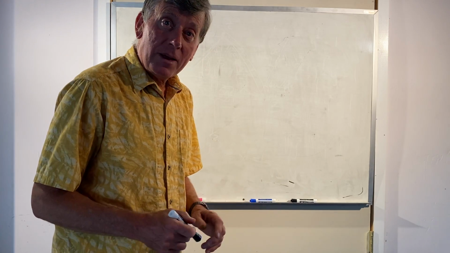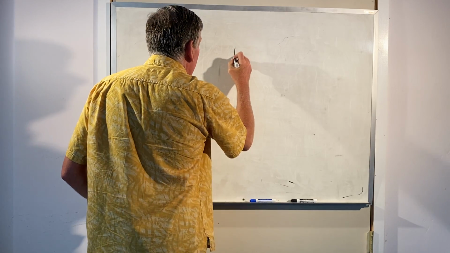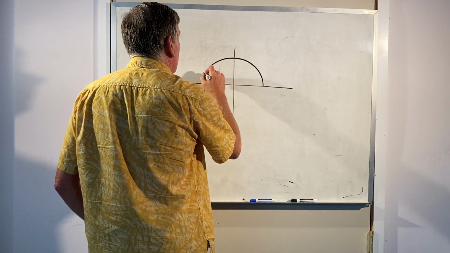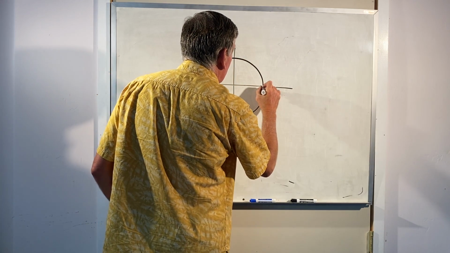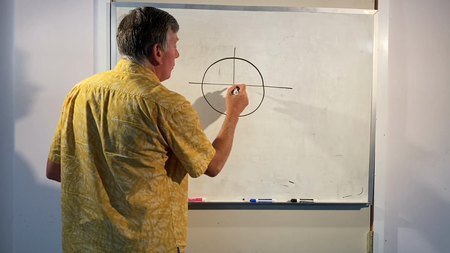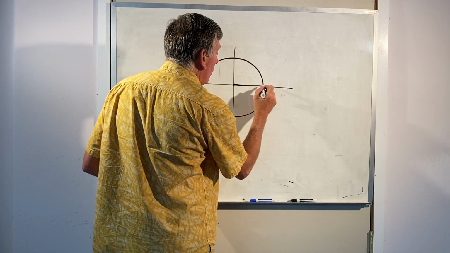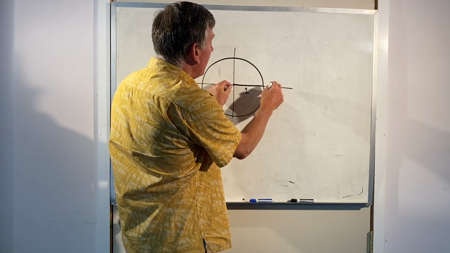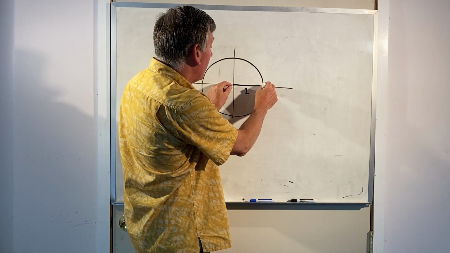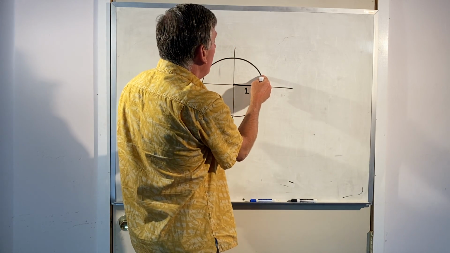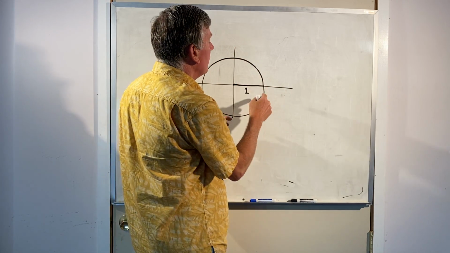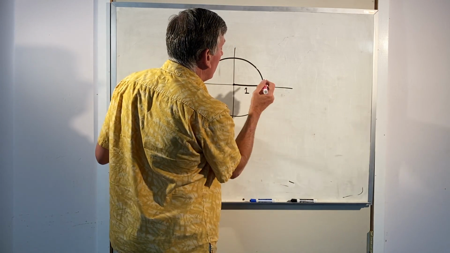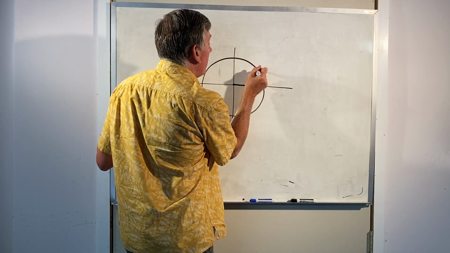And what I want to talk to you about is with the unit circle, we have a radius of 1. If we were to imagine a string stretched across this radius, and then we started going around the circumference of this circle, our first stretch of the string would get us about there.